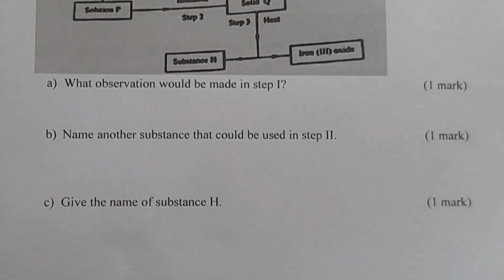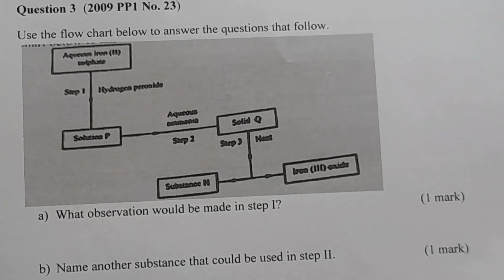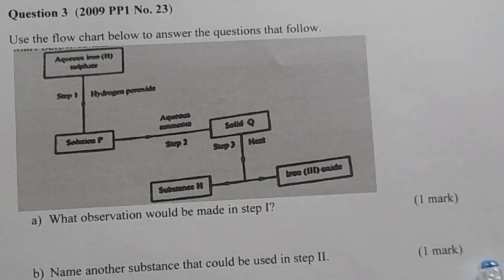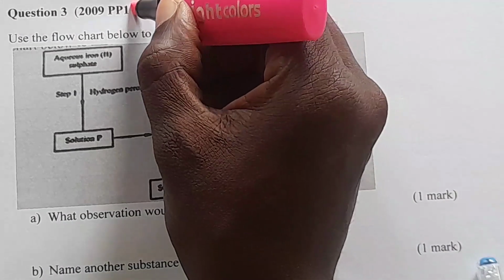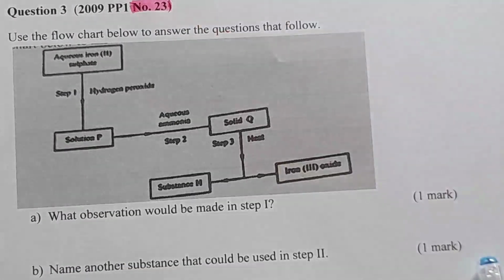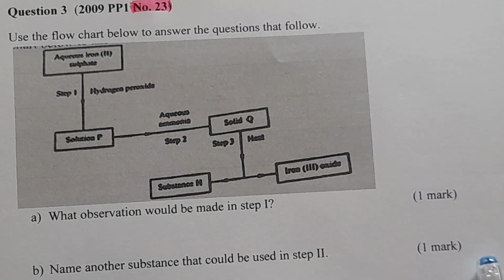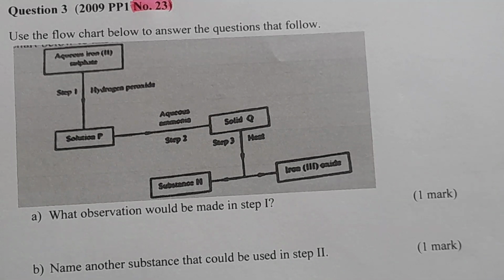And in question 3, we are using KCSE 2009, question number 23 in chemistry paper 1. Use the flow chart below to answer the questions that follow. In the flow chart, we have aqueous iron 2 sulfate solution.